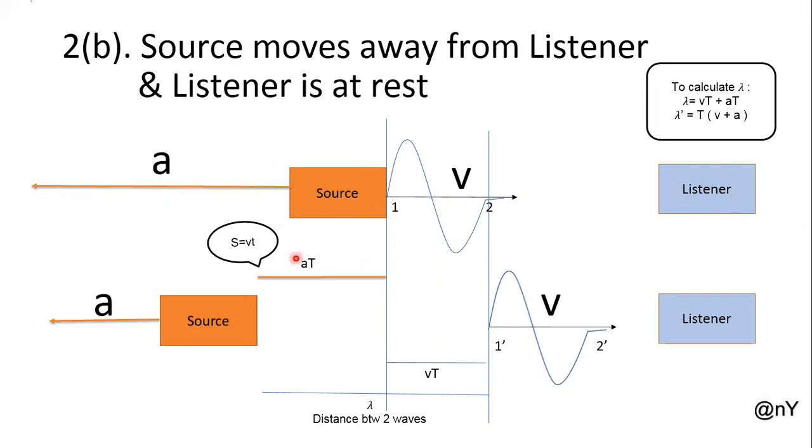If the initial points were 1 and 2, that one point has moved towards 2 and therefore it becomes 1 dash and 2 dash. Thereby the sound waves, after traveling through some distance Vt in a time interval delta t, have reached this point.